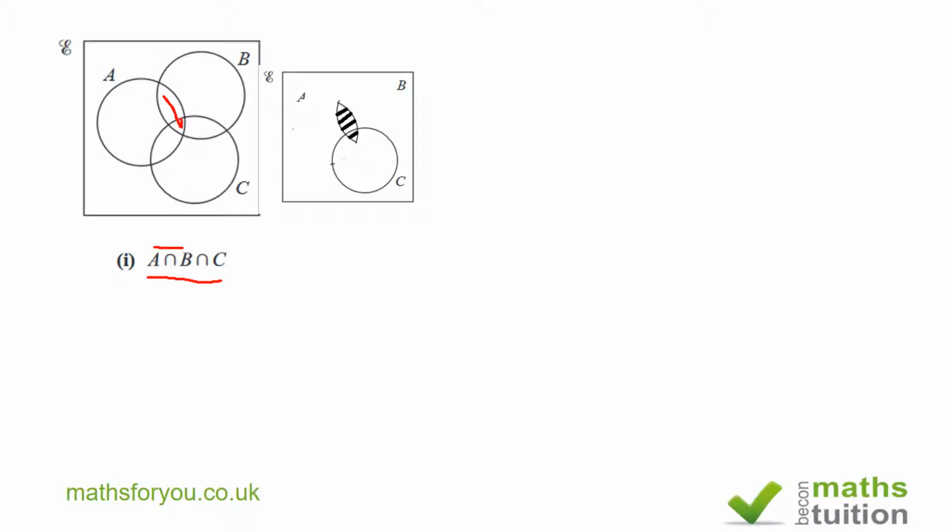Now I can call that set Y, and I want to find set Y intersection C. What's common to both is this little bit there. So the answer required is to shade in this little bit. That's our answer.